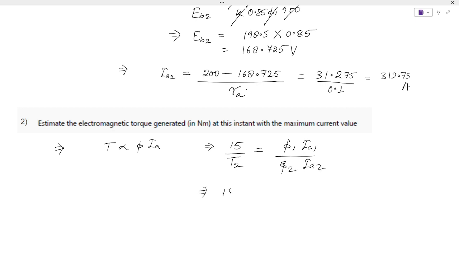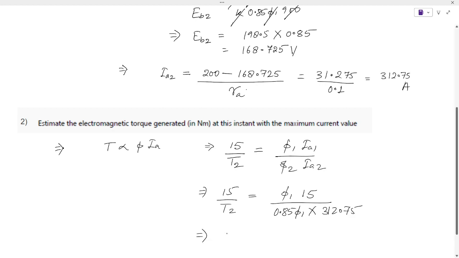So 15 upon T2 equals phi 1 into Ia1, which was 15 ampere, upon phi 2, which is 0.85 phi 1, and Ia2, which you have calculated as 312.75.